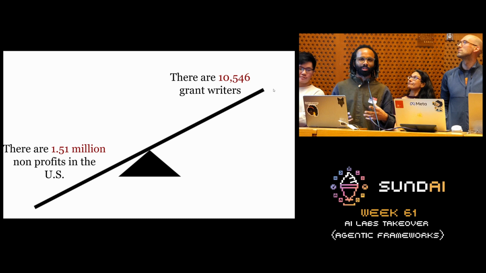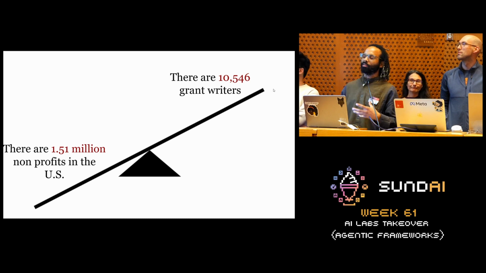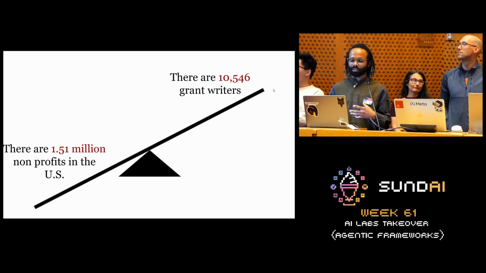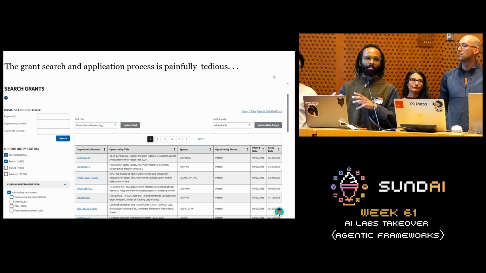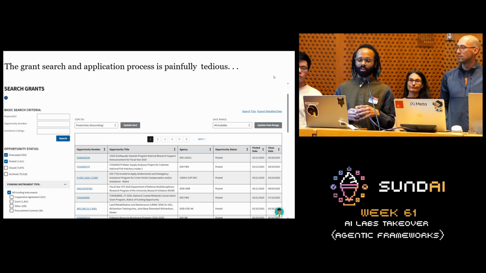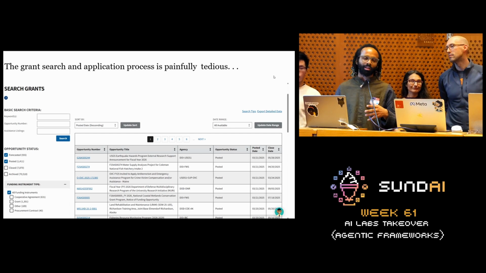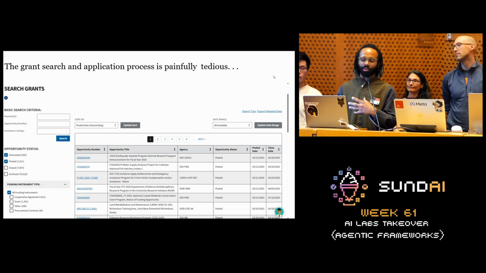That's a huge imbalance when it comes to finding funding for these nonprofit organizations. Not to mention how tedious it can be to search through grant databases looking for the right match to your organization. And that's just the first step. After that, you have to go through the application process, communicating your value and why you deserve the grant award.